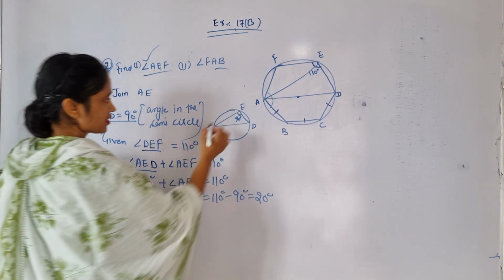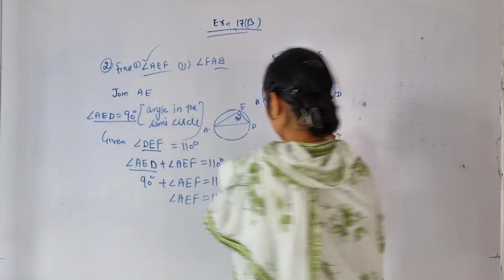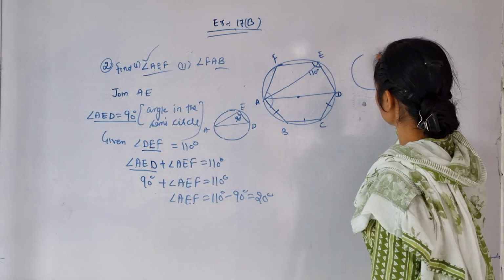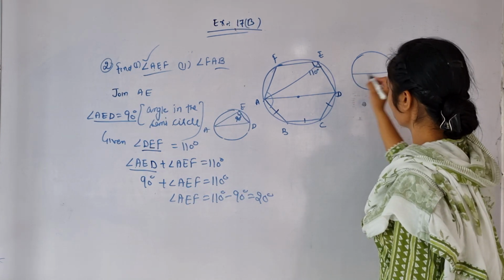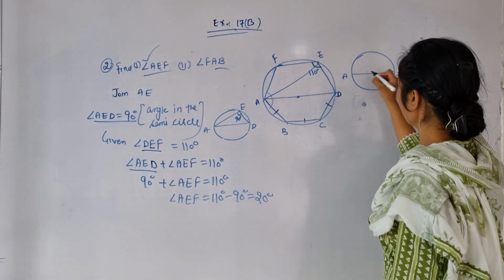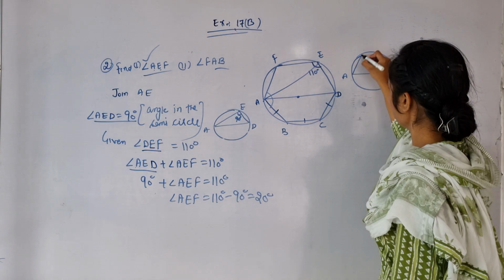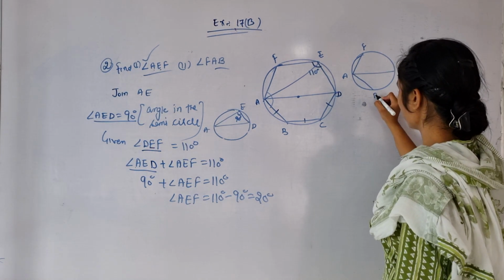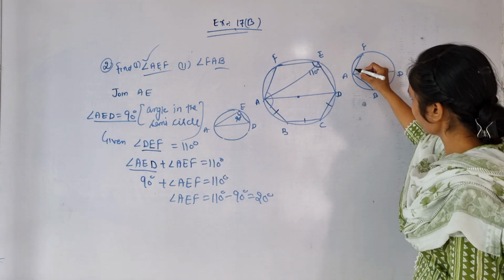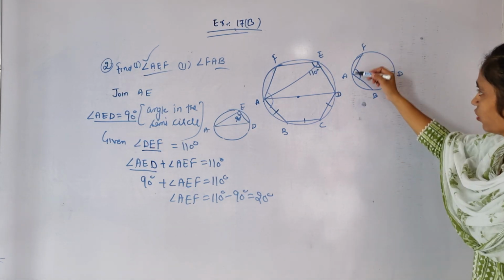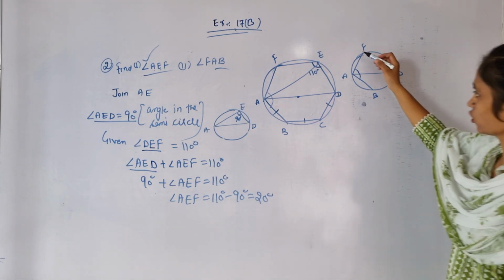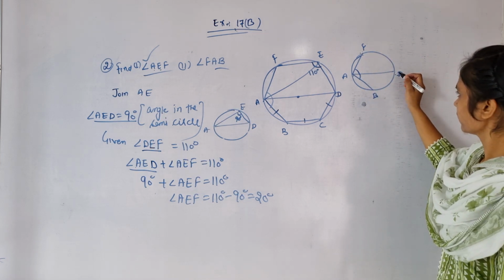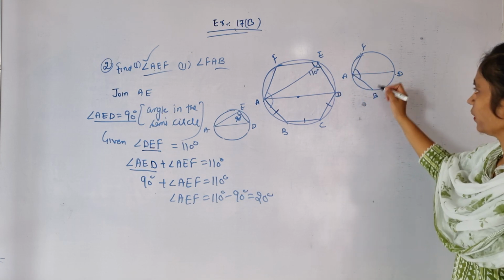See the figure again. Focus over this one only. This is AD. Here is F, here is B. Suppose you need to find FAB. FAB will consist of FAD and DAB.